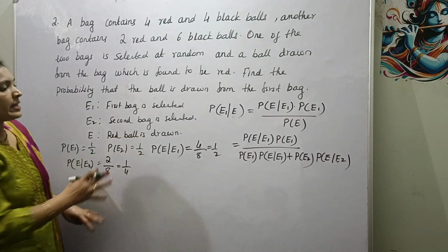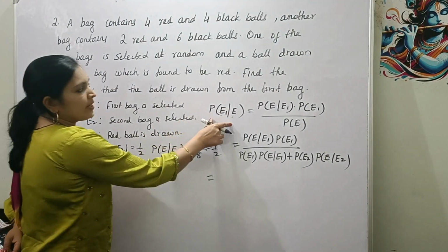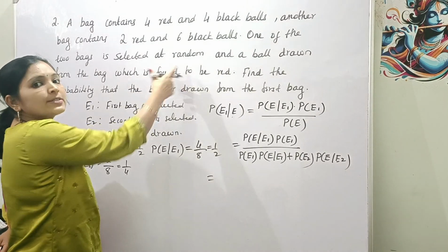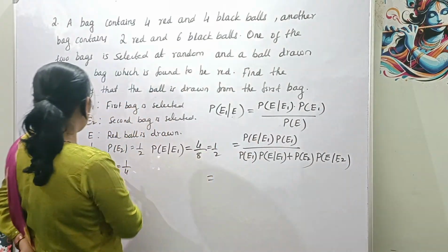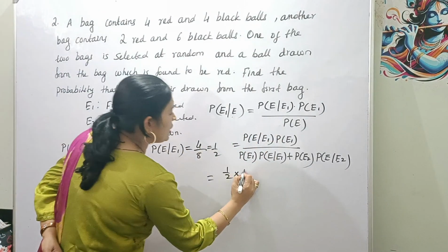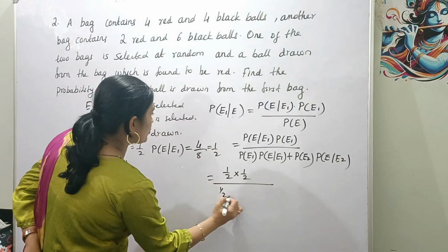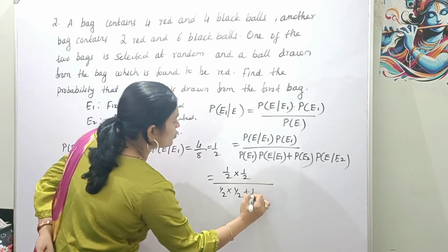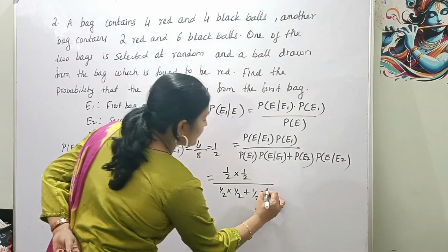Now let's substitute these values here. This is what we have to find, the probability of the first bag given that a red ball is drawn. It is equal to probability of E1, 1 by 2, into probability of E given E1, 1 by 2, divided by probability of E1, 1 by 2, into probability of E given E1, 1 by 2, plus probability of E2, 1 by 2, into probability of E given E2, 1 by 4.